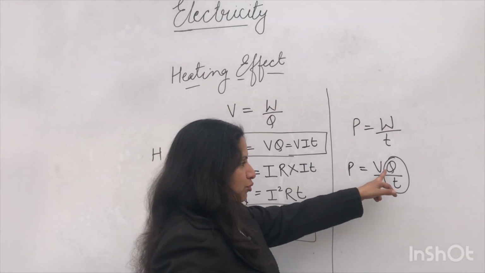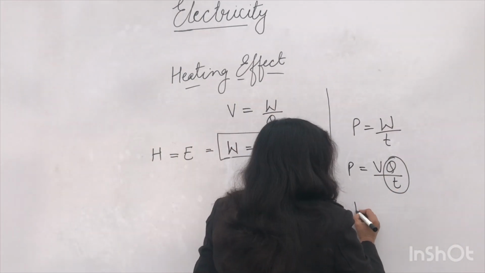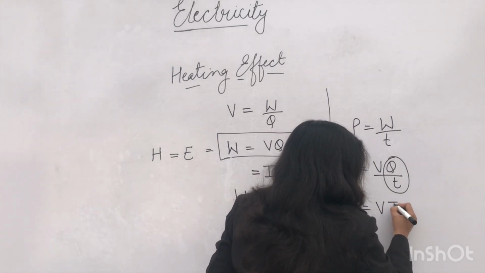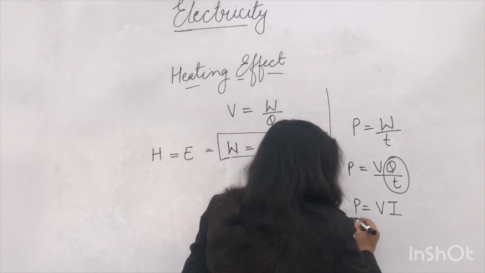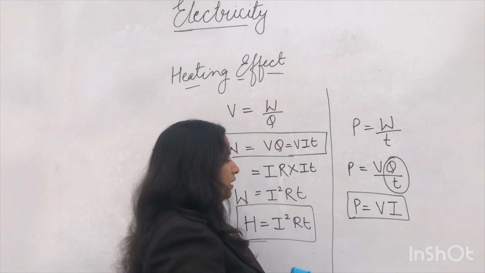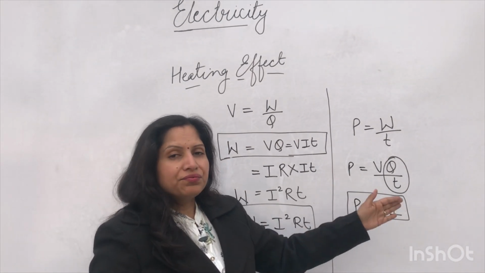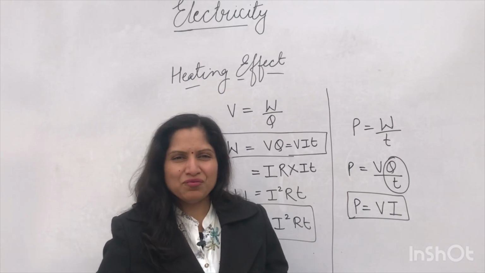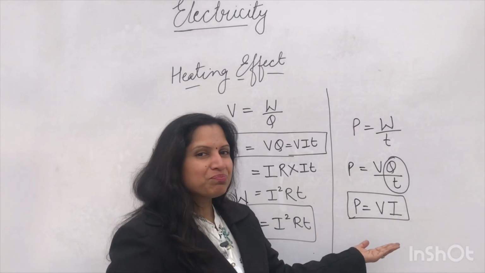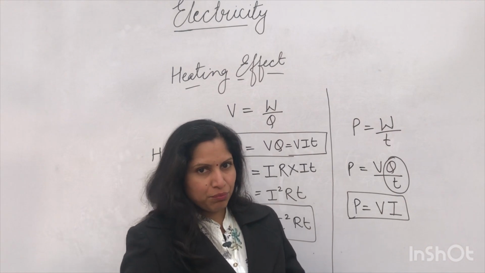Current is the charge flowing through a conductor per unit time. So power is equal to V into I, and we get the formula P equals VI. Power is very important in the current chapter.